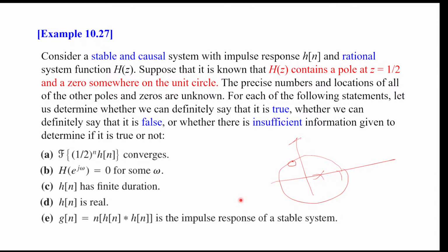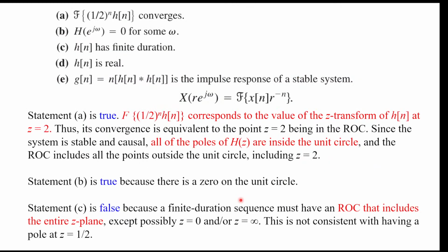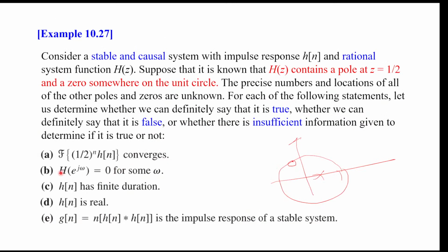The answer is indeed true, because H of e to the j omega is just the system function big H on the unit circle, and we say there is a zero on the unit circle, so that's the point where H of e to the j omega equals 0.